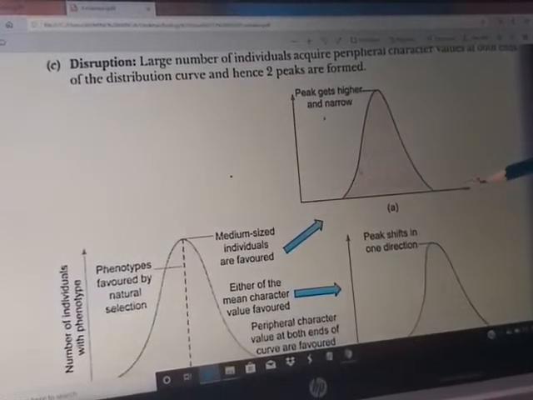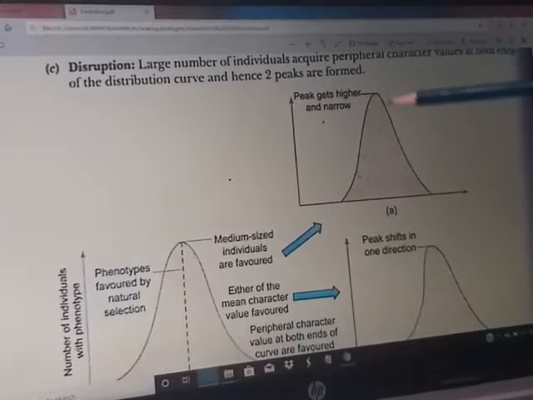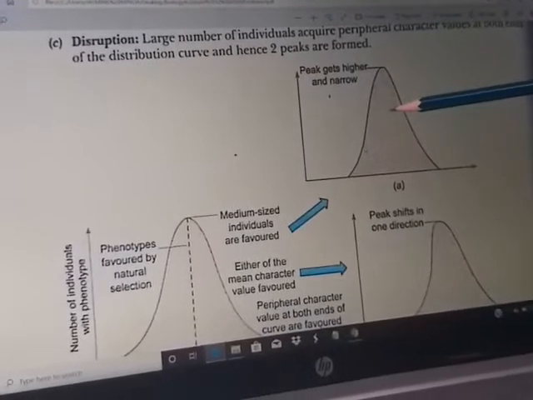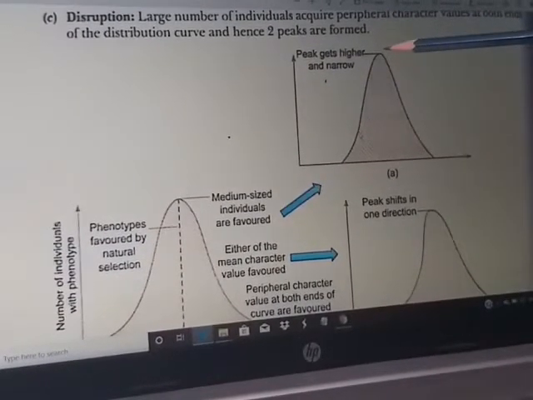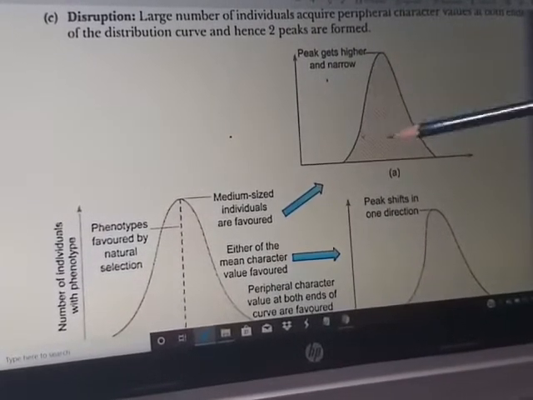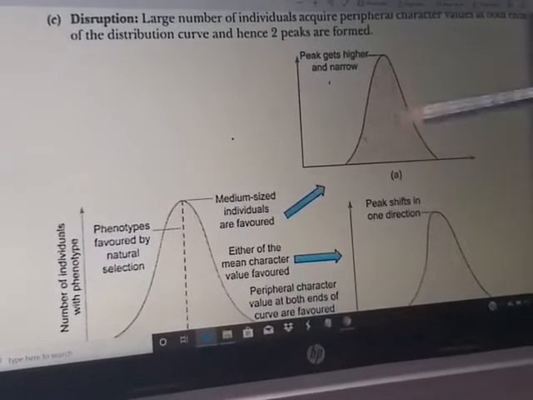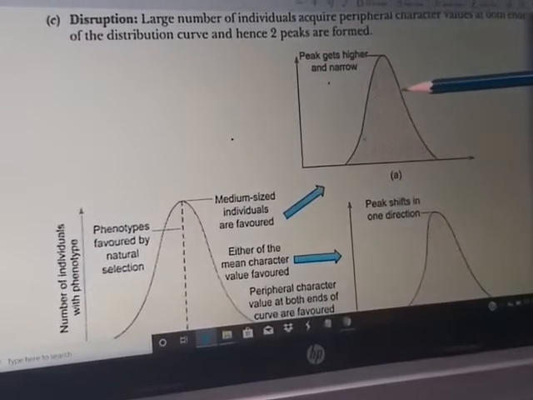Say we are talking about the height. So in this peak we will have more individuals having the mean position or the medium value of the height. They are shown that this kind of population is selected.